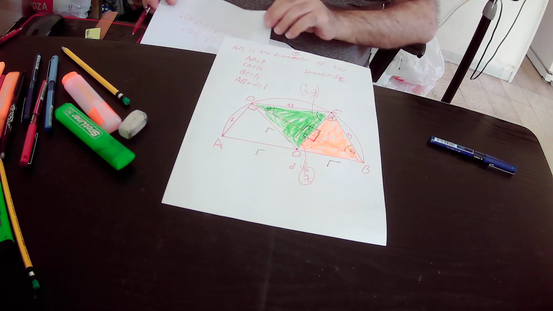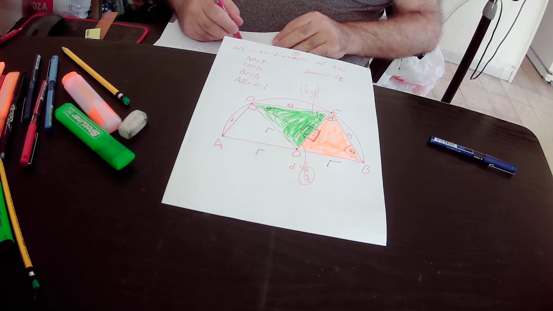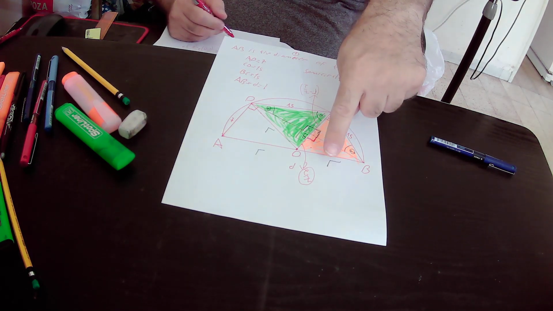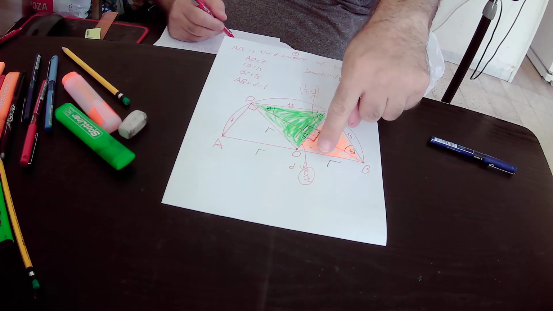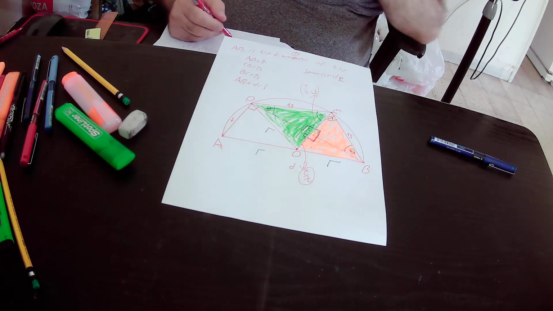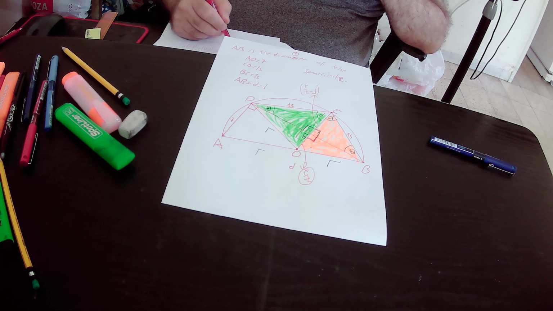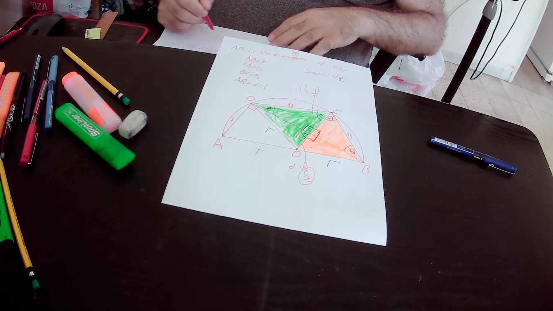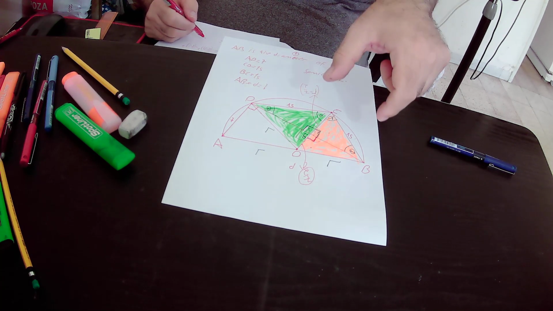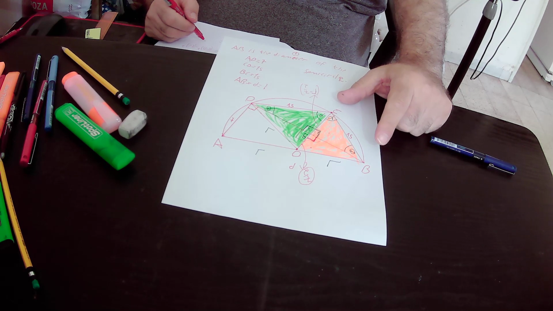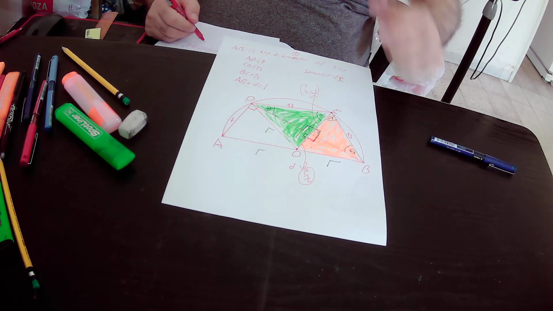So what is the value of OE? We have already found out that the value of OE equals 7 over 2. So OE square will be equal to 7 over 2 square, equals CB, which is 15 units.